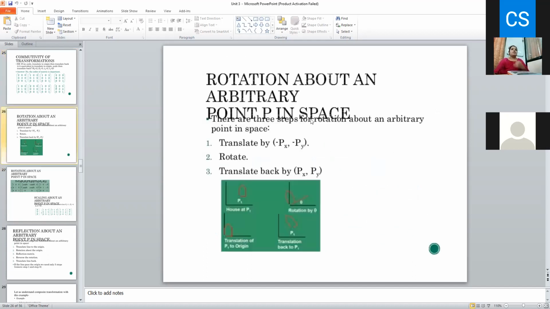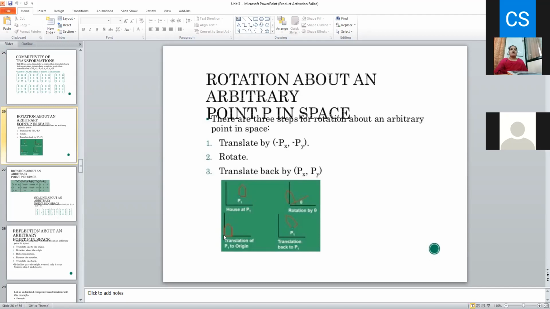Next, we have seen rotation about an arbitrary point in space. Till now, rotation we have studied with respect to the origin. Now this is the arbitrary point P, and we need to carry out the rotation about that arbitrary point. For that, we have to shift that point to the origin.